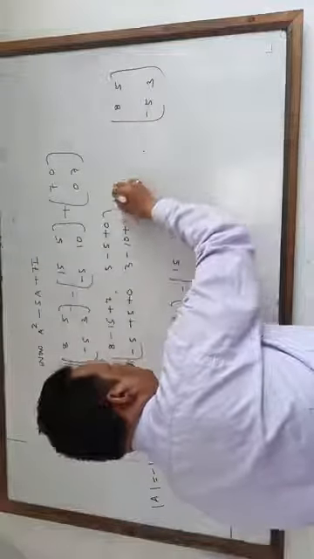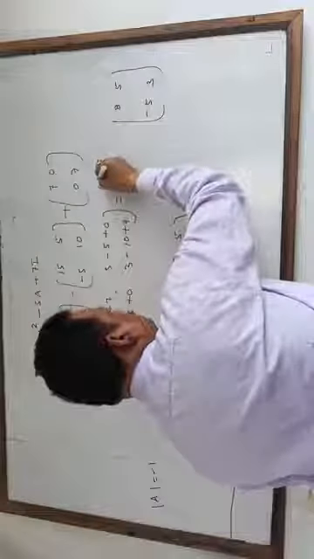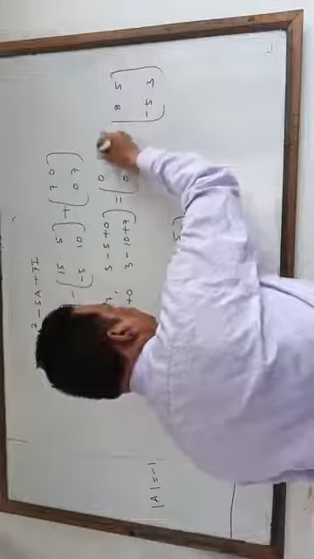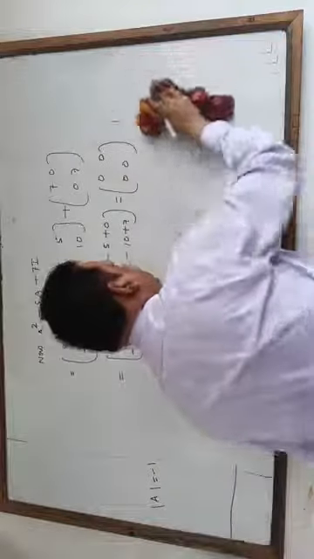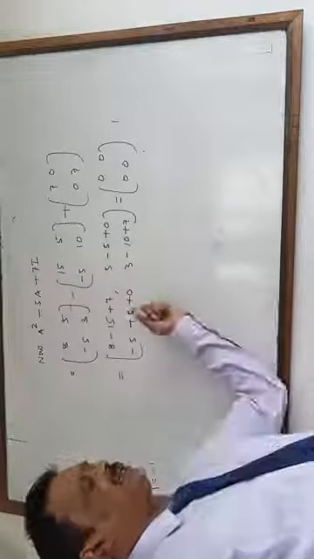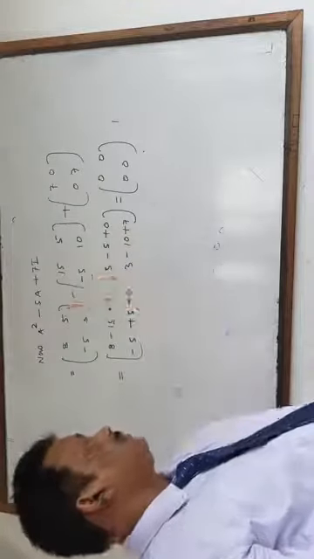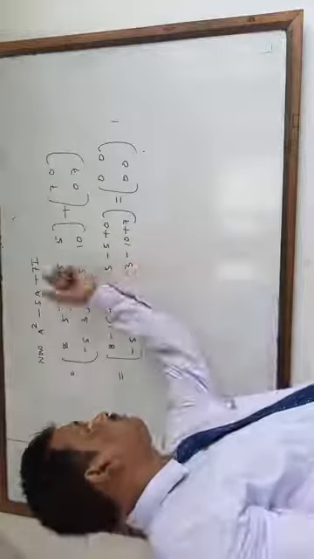You can verify everything is coming 0. So we proved it is a zero matrix. Now you are not allowed to find the cofactors. You have to use that concept to find A inverse.